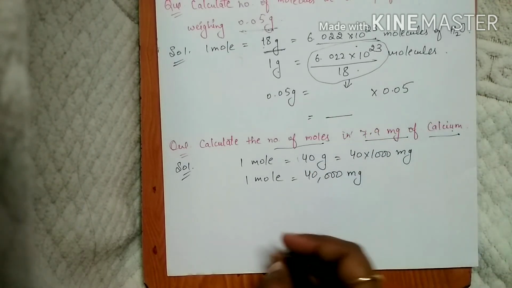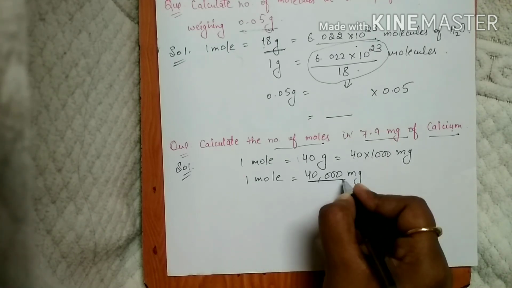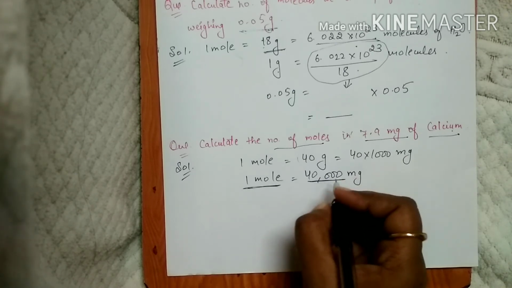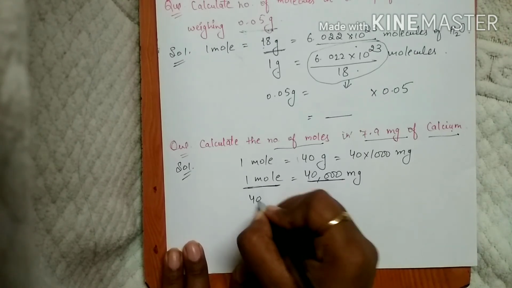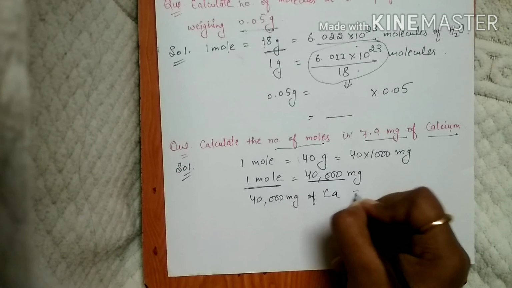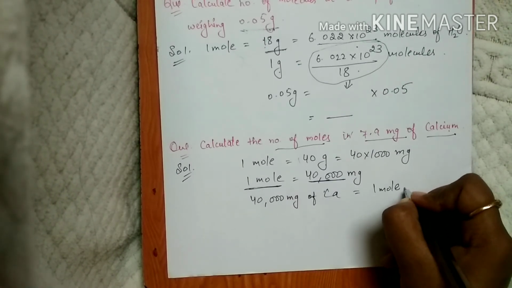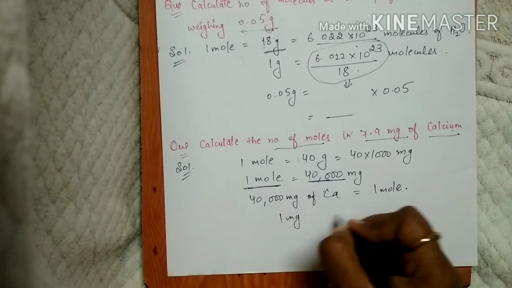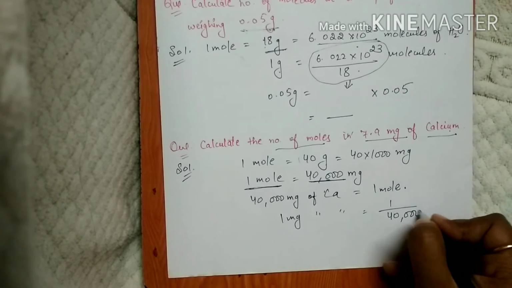Okay, so 40,000 milligrams contain 1 mole of calcium. So we want for 1 milligram, we can reverse this, that is 40,000 milligram of calcium is equals to 1 mole. Okay, so 1 milligram of calcium will be equal to how much? 1 divided by 40,000.